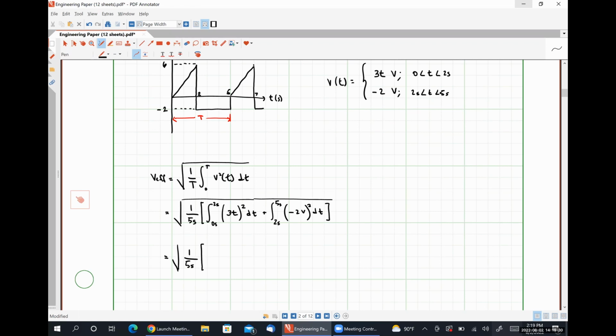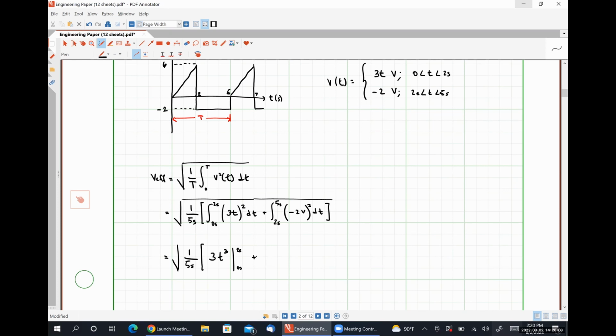The integral of 3t squared, so 3t quantity squared, is going to be the integral of 9t squared. The integral of 9t squared should be 9/3 t cubed, so 3 t cubed, evaluated at 2 seconds and 0 seconds.